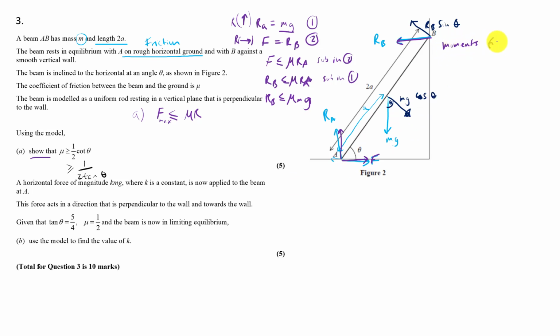Moments from A, and that is big A. So our anti-clockwise, can you see, is a mg cos theta, which is going to equal the clockwise moment.